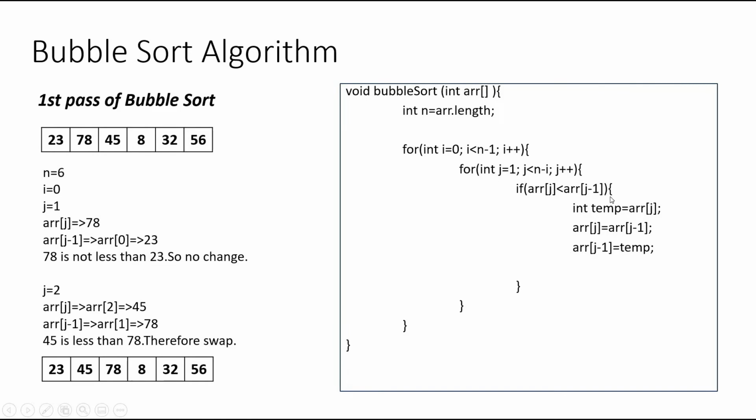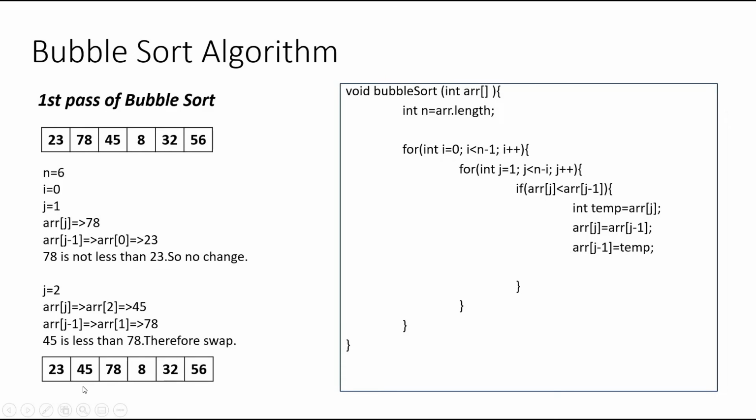So this code part will work and swap the 45 and 78. This code part is used to swap the two adjacent elements. If you watch that video, you will get a clear understanding. Previously 78 was here, 45 was here, but now they are swapped.